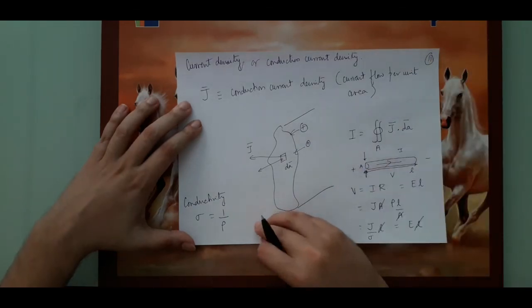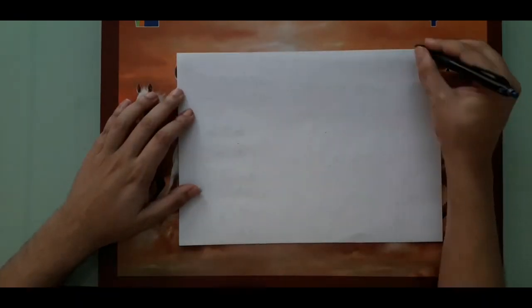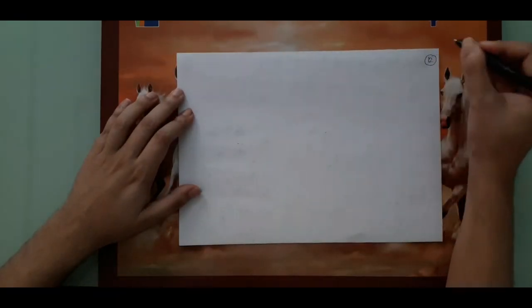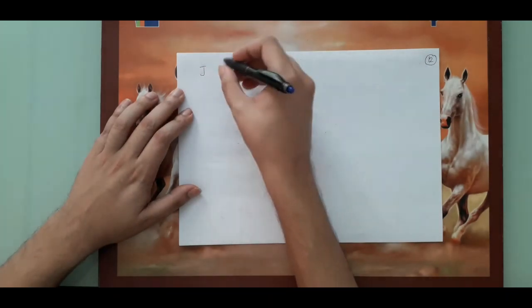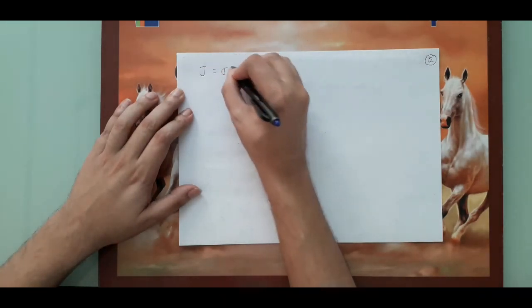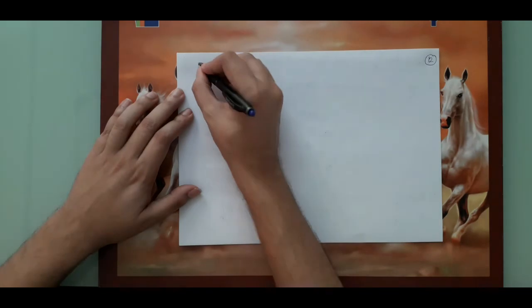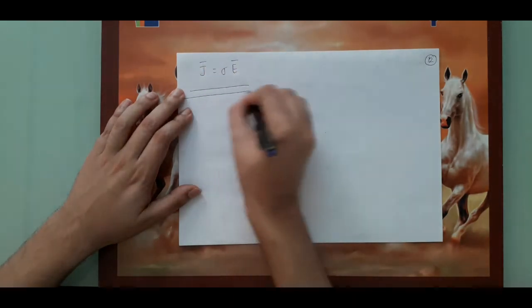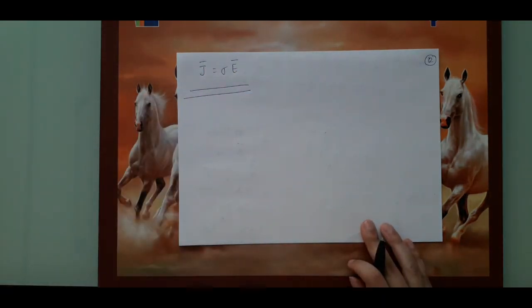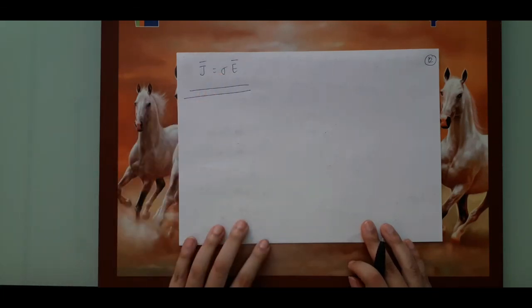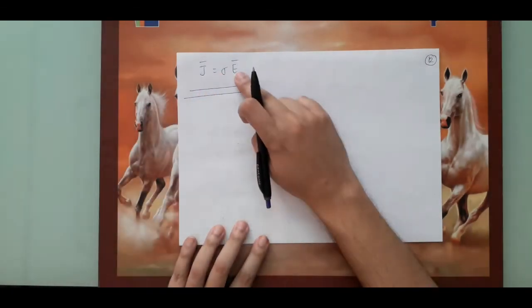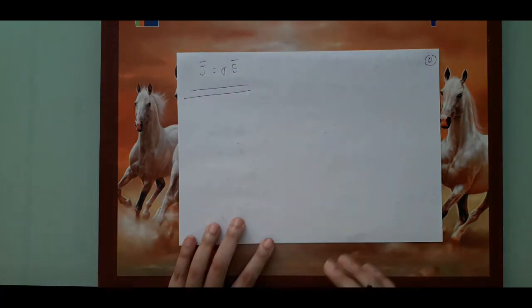What we have at the end is something like this. If you are writing in the vector form, this is what we get. So this is nothing but another way to represent Ohm's law, but using electric field and the conduction current density.